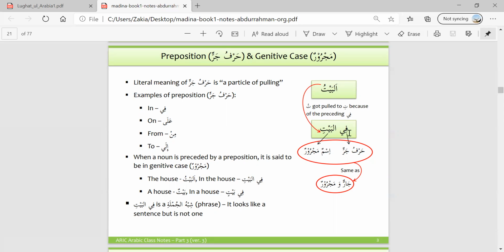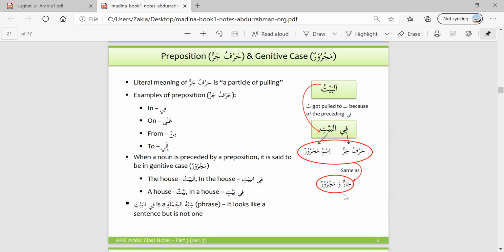So remember, we said we won't say fi al bayti, we'll say fil bayti. Okay, fi is harf jar, and the noun that comes after it, that follows it, what do we call that? It's a majroor, the genitive noun. It's the same as being called jarrun wa majroorun.